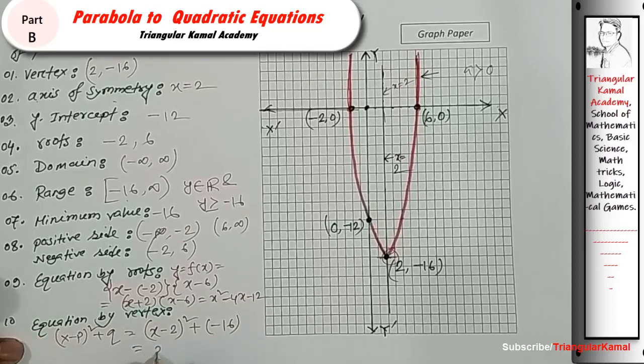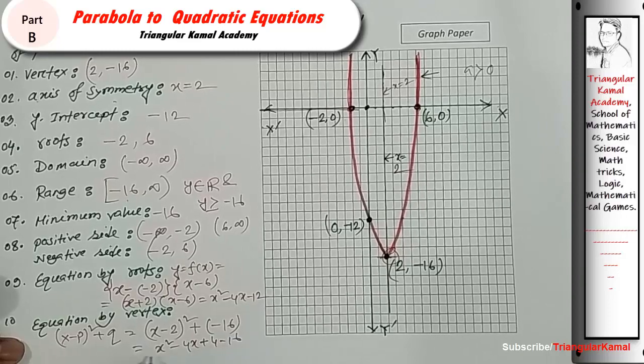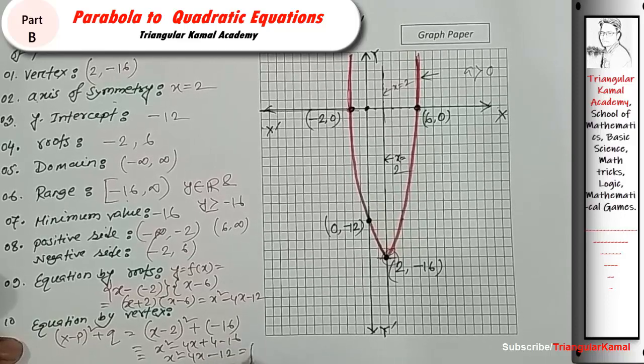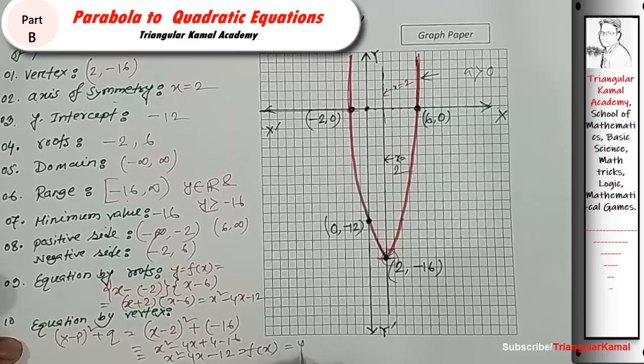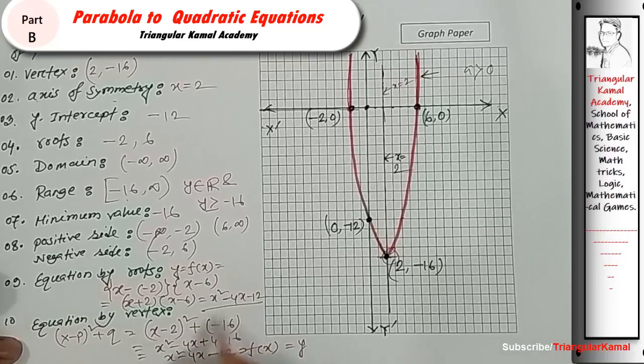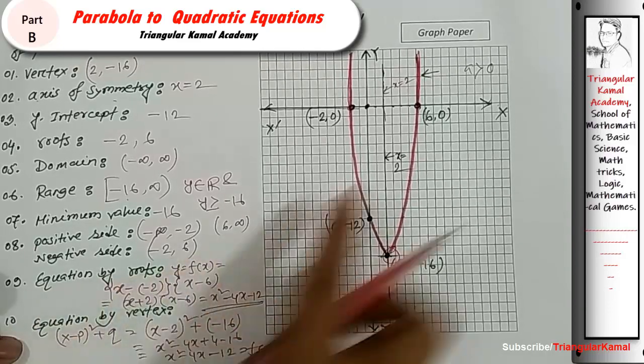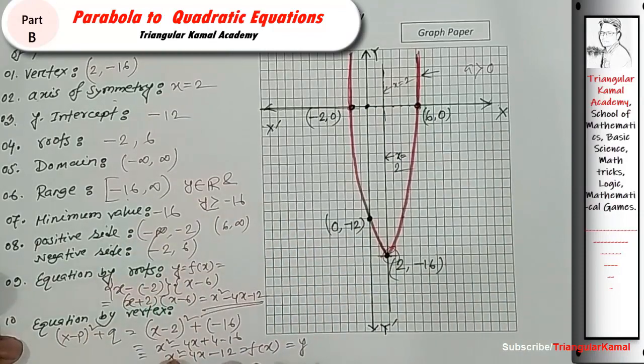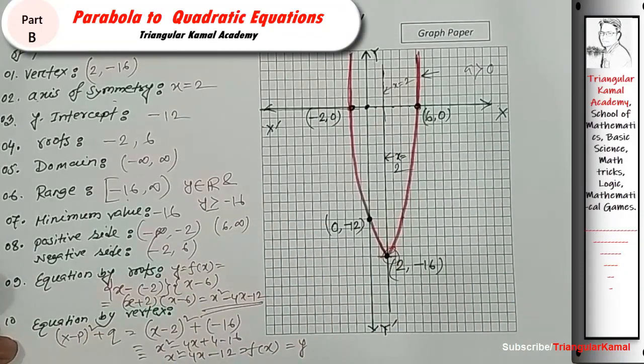After doing the calculation, x squared minus 4x plus 4 minus 16, which is x squared minus 4x minus 12. So that is f of x equals y. Both are equal: by using the roots of the quadratic equation, or by using the vertex, we get the same equation.